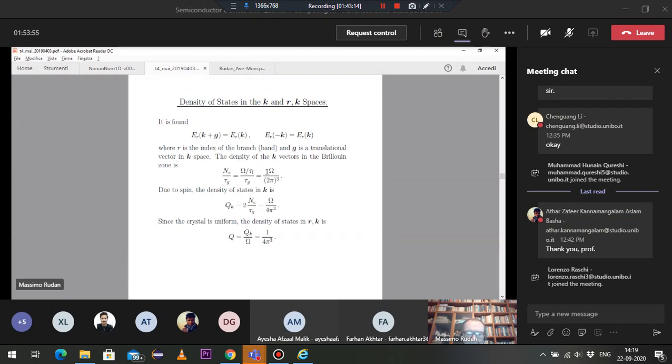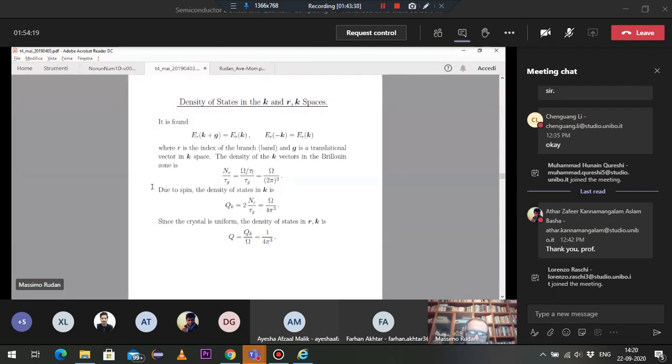So another way of expressing the density of the K vectors in the reciprocal lattice is omega over the cube of 2 pi.